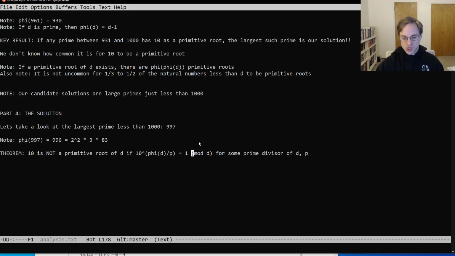If this equation is true, that means that there is some solution to this equation that is less than phi of d, which means that 10 cannot be a primitive root. And the reason why we're checking these values in particular is that ord 10 has to divide any solution to this equation, in particular, it has to divide one of these values, if ord 10 is not equal to phi of d.